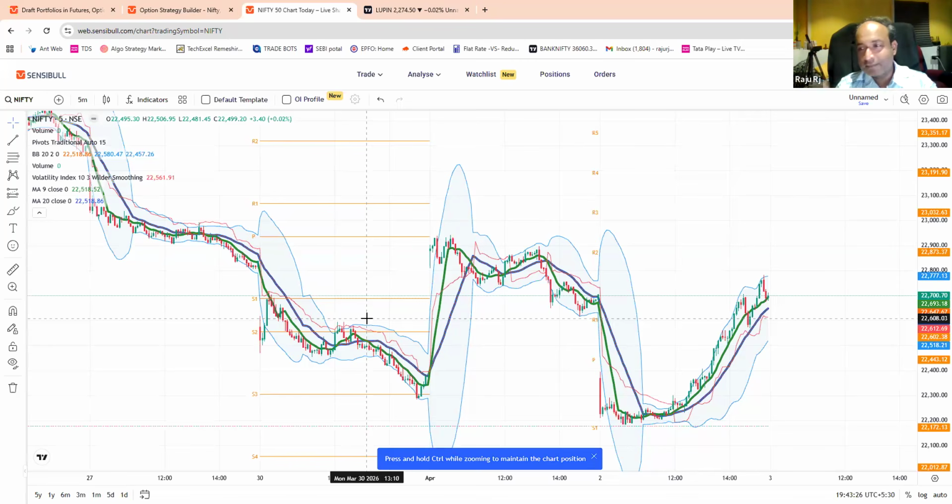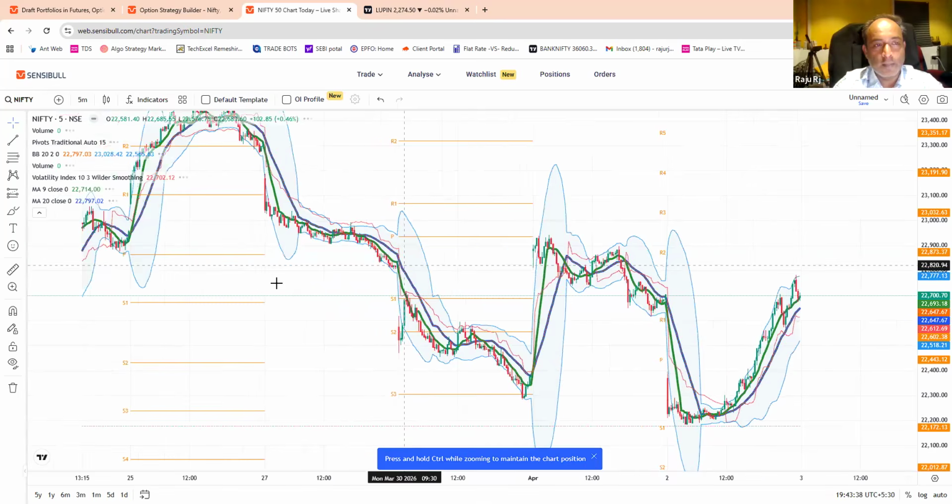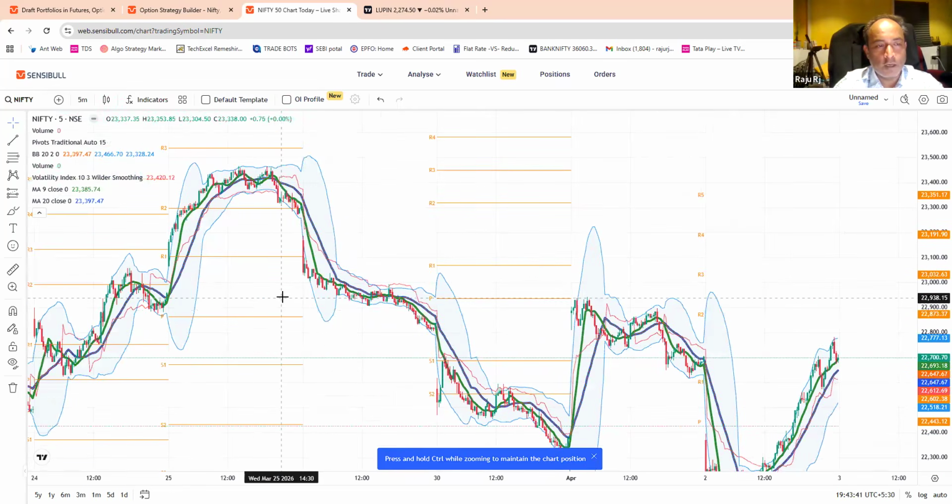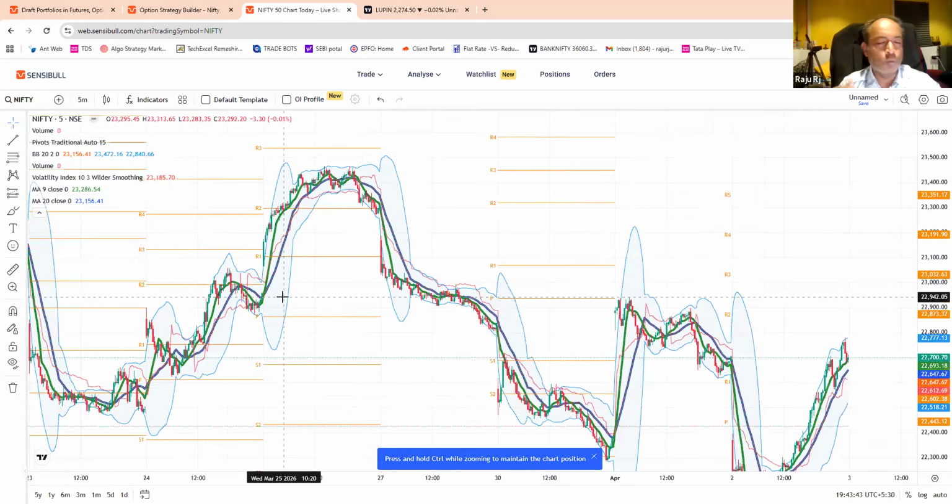A lot of people yesterday deployed bullish and bearish strategies and asked me what to do. Usually this crossover happens in a gap up and gap down opening, and at any given point of time, it will be true.